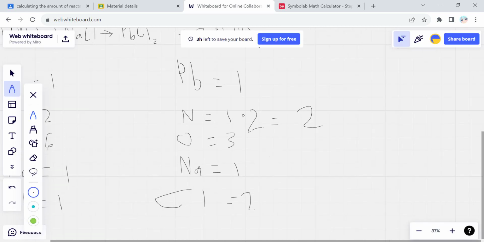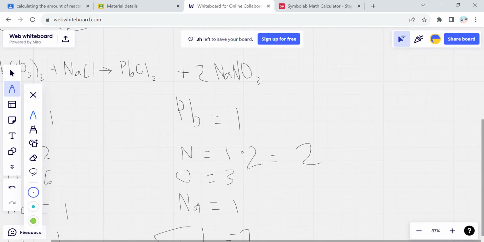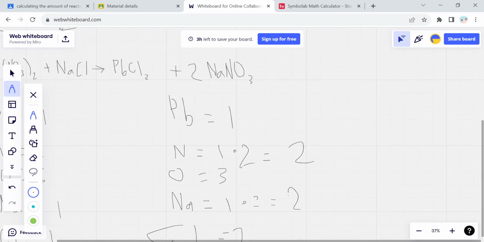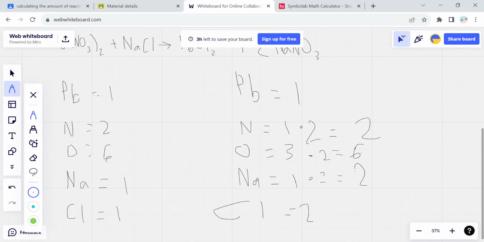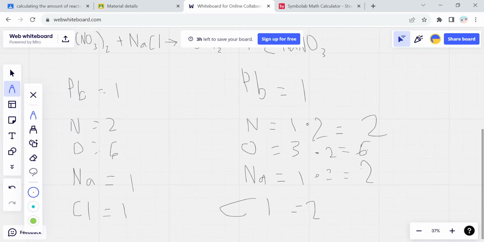It's equals. We also have to multiply our sodium by 2, so now this becomes 2. Same with our oxygen, so now our oxygen is 6. Now our nitrogen is balanced, same with our oxygen and our lead, and now we only have to balance sodium and chlorine.